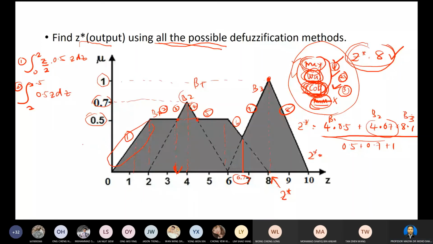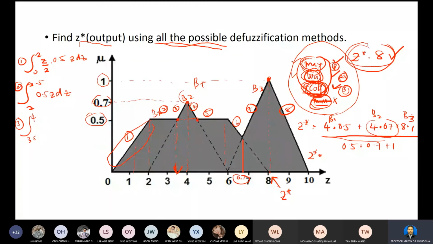That is for equation 2. That means we have 8 equations. Next we try for equation 3. From 3.5 to 4, this one is 4. So the equation here and this equation will have the same slope.